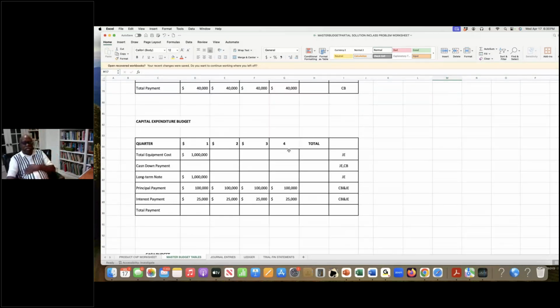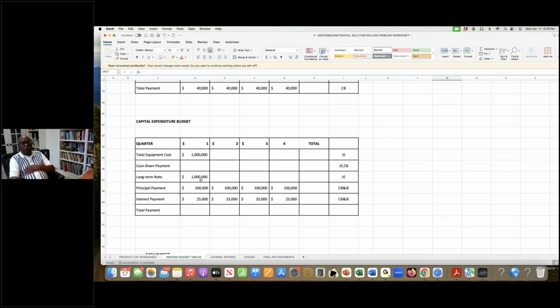Okay. Now, I indicate where the journal entry go, and I indicate where the cash budget go. I got that already laid out for you. When you buy the equipment, you're gonna debit equipment for $1 million, because we bought $1 million worth of equipment, but we bought it on account.